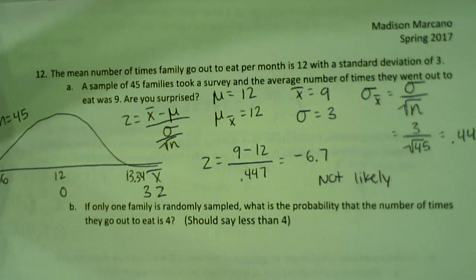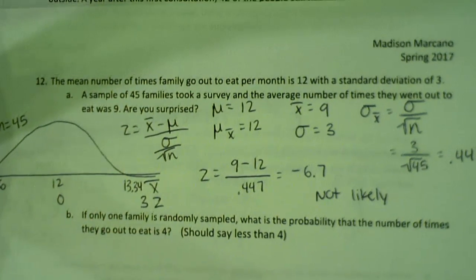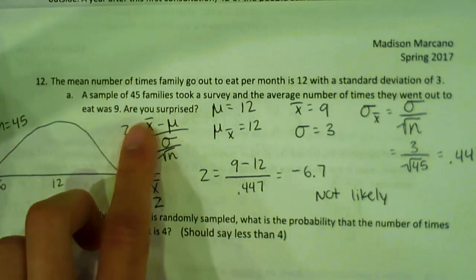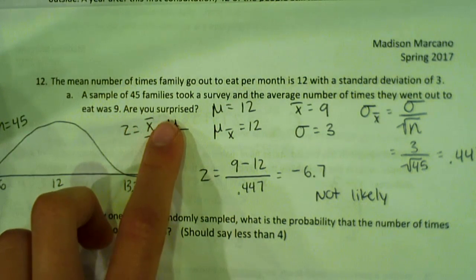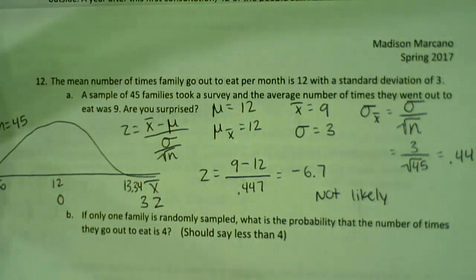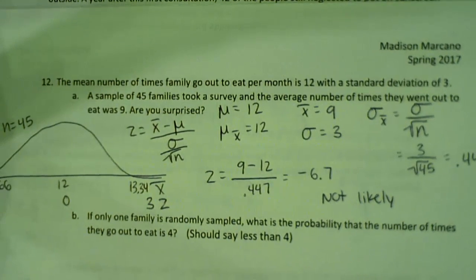Based on that, what is the information based on z-score relating to the sample? 3 deviations away from the 12 is the negative 10. That's what I'm getting from this.